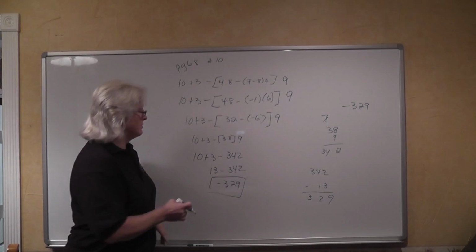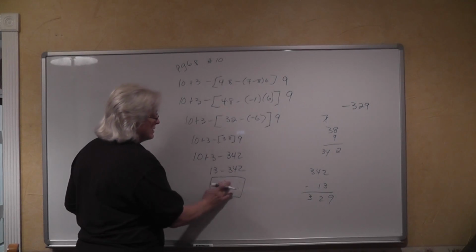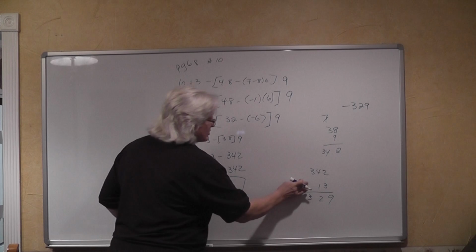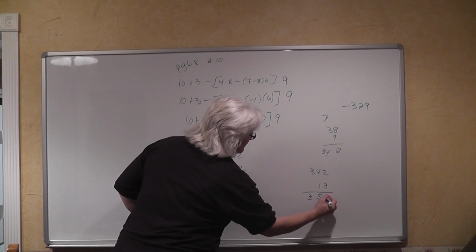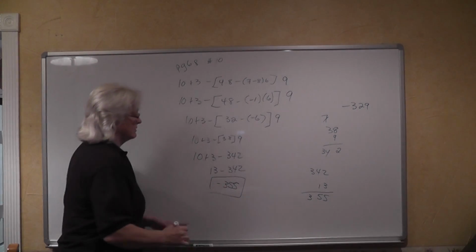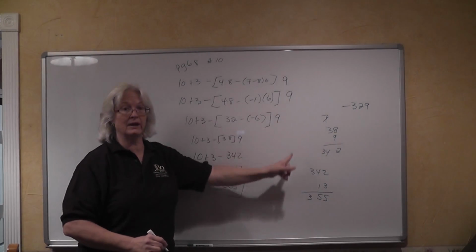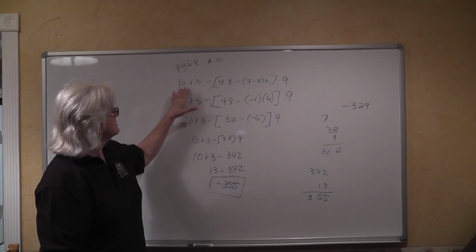I got a negative 329, or let's say that you did this subtraction wrong here, and instead of subtracting, you added, and you get 355, but it's a negative 3, and you put that here. Check it and say, okay, I've made a mistake. See if I can catch this.